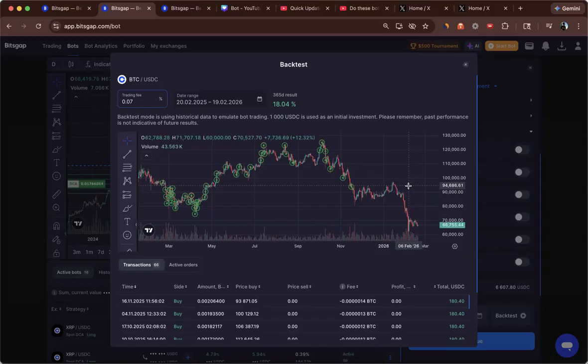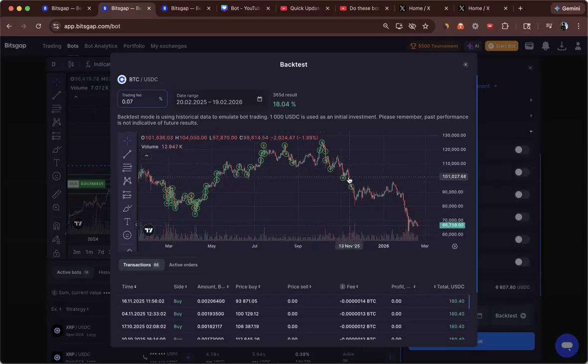And one of the things that I was thinking about as I was going through and trying to replicate those returns and playing around with the settings, it got me thinking about how it is important to not start all your bots at once.